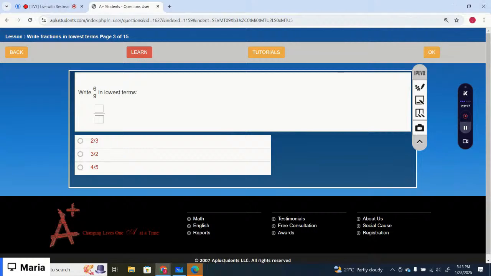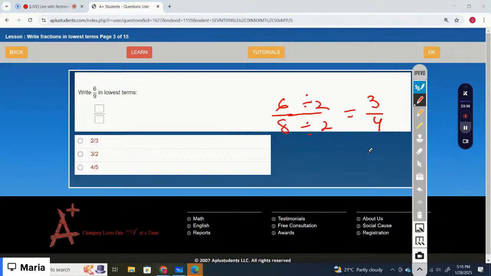Write 6 by 9 in the lowest term. So which is the correct option? The greatest common number that can divide 6 and 9 is 3.